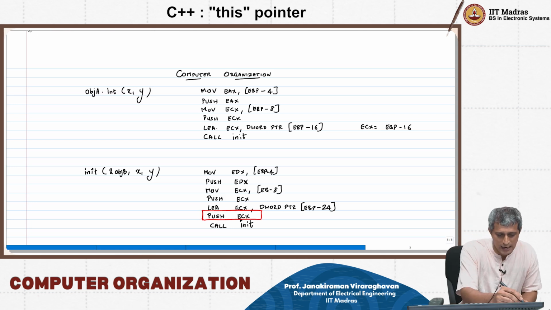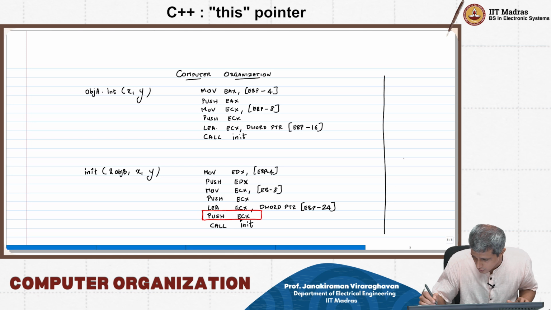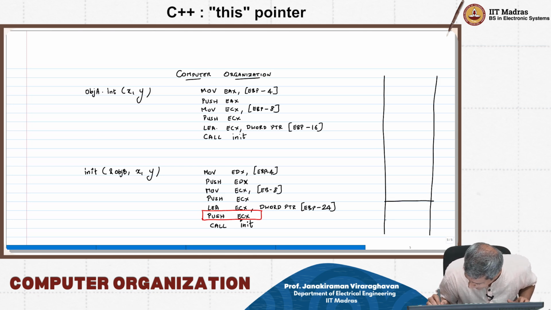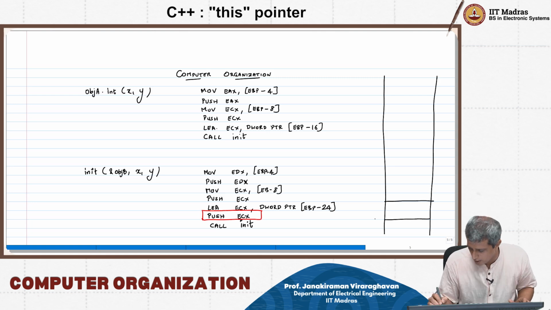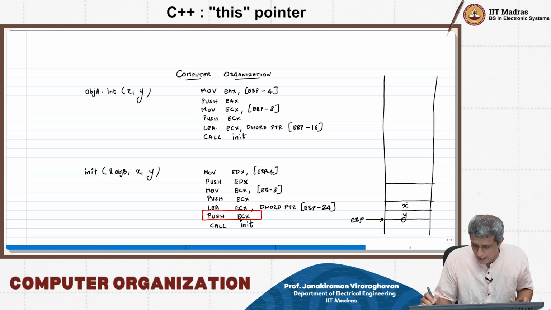So if you look at the stack in the main, by the way, the stack in the main is going to appear like this. Okay, so this is my struct object a, which is sitting here, right? So let's look at it, ebp minus 4, this is local variable y, x, so this is ebp, right, ebp minus 8. Then this is my object a, why?